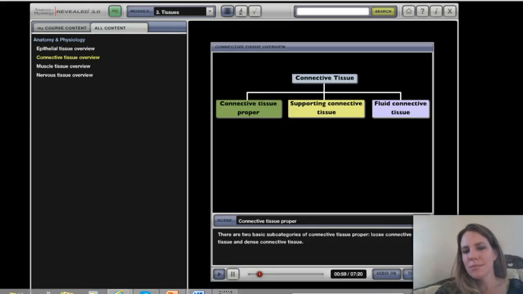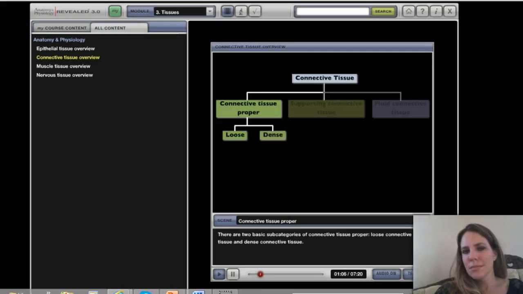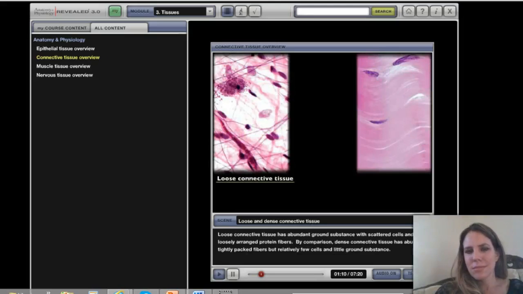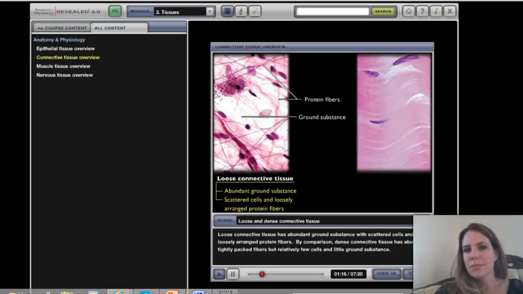There are two basic subcategories of connective tissue proper: loose connective tissue and dense connective tissue. Loose connective tissue has abundant ground substance with scattered cells and loosely arranged protein fibers. By comparison, dense connective tissue has abundant, tightly packed fibers, but relatively few cells and little ground substance.